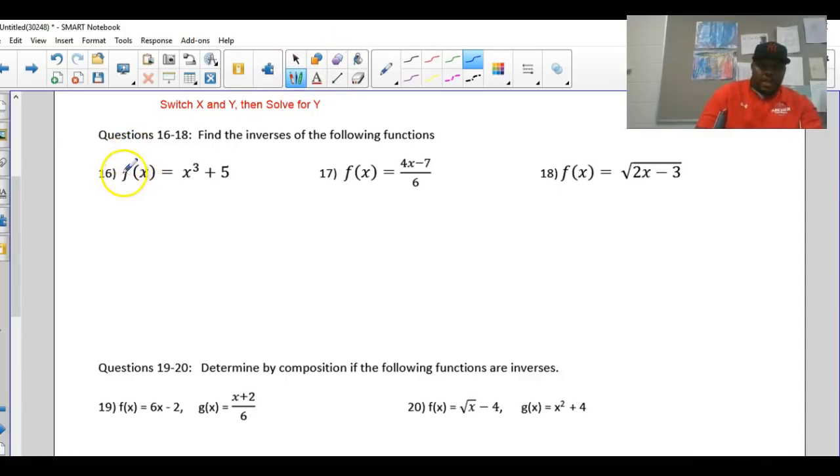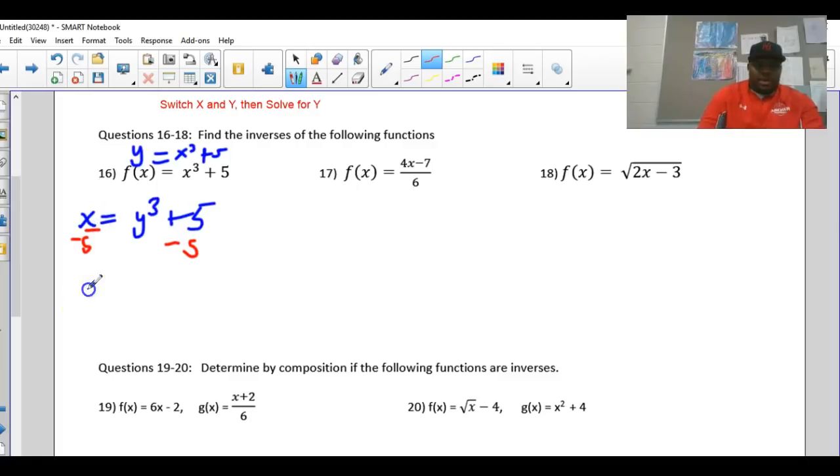Hopefully you remember that f of x is the same thing as y. So y equals x cubed plus 5, right? Well, I'm going to swap x and y. So I'm going to have x equals y cubed plus 5. So my first step here is to subtract 5 on both sides. So x minus 5 equals y cubed.